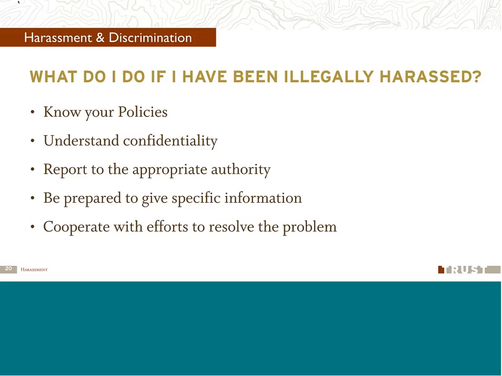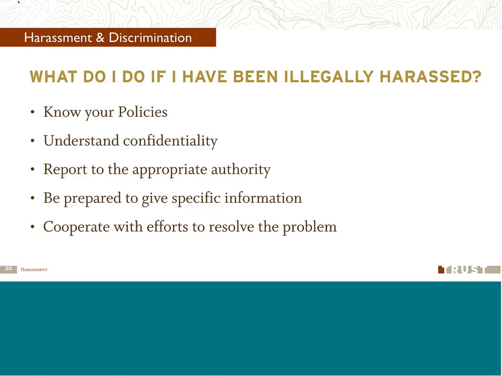Also, report, like we said, to the appropriate authority and be prepared to give specific information. We can't just say, hey, boss, Joe, I want you to know that there's probably some funny stuff going on third shift. We need to say, hey, boss, Joe, I witnessed something in the break room last night, on third shift between Jack and Joe or somebody else.